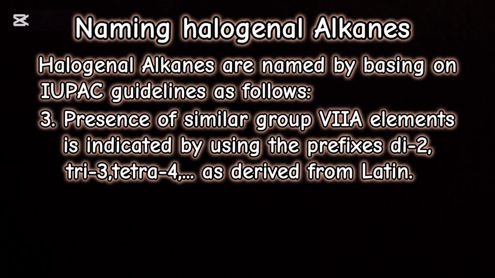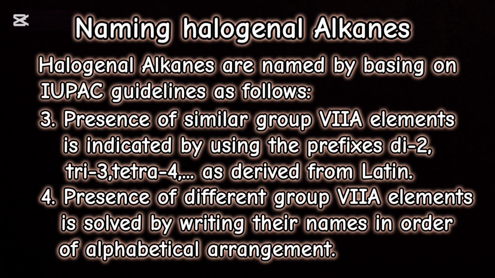And guideline number 4, presence of different group 7A elements along the carbon chain, is simply solved by writing the names of the group 7A elements in alphabetical order.